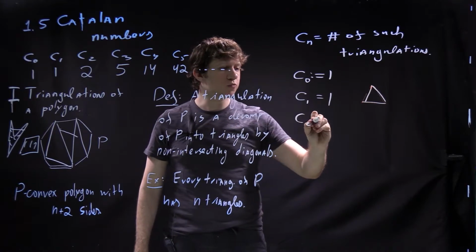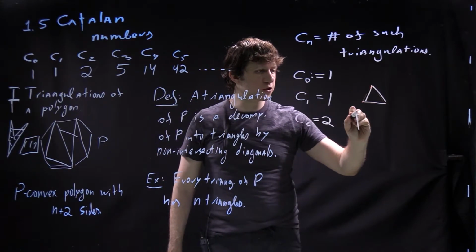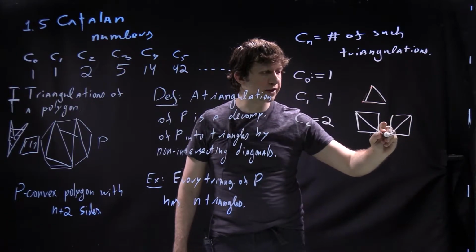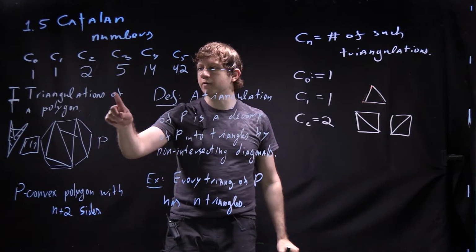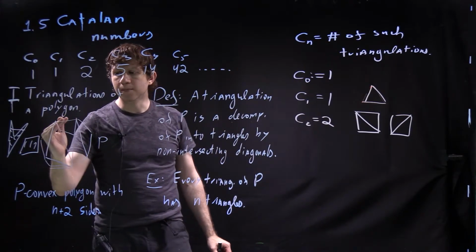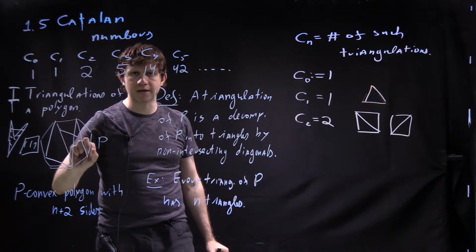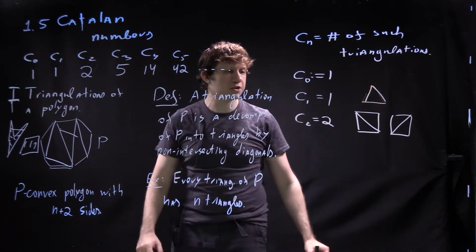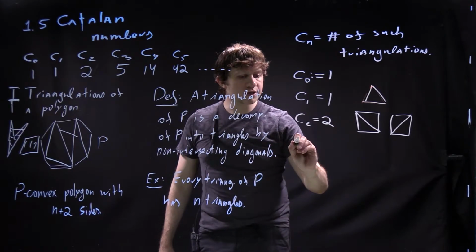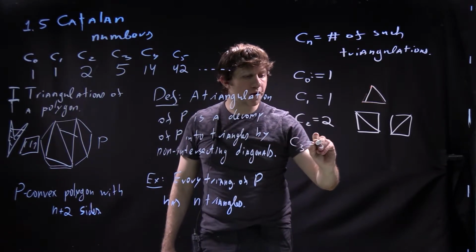So C2 equals 2, because we can cut a square in two different ways into triangles. By the way, I said a convex polygon, and it does not depend on which convex polygon you take. Moving slightly the vertices of a polygon does not change the number of triangulations.